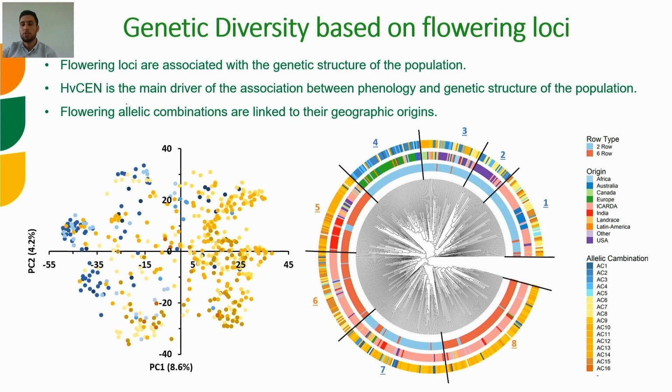On the other hand, genotypes from Icarda and Australia that are included in cluster 1 carry early to intermediate flowering allelic combinations, while the 6-row genotypes are mostly grouped in clusters 5, 6, and 8, which are mostly composed of entries from Icarda, India, and other origins carrying early flowering allelic combinations. We can conclude that the material used in the analysis is carrying specific allelic combinations that are linked to their geographical origins.